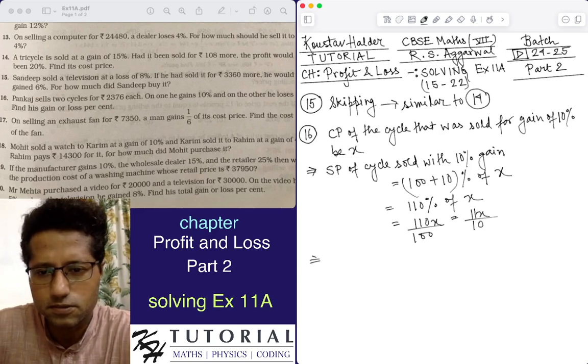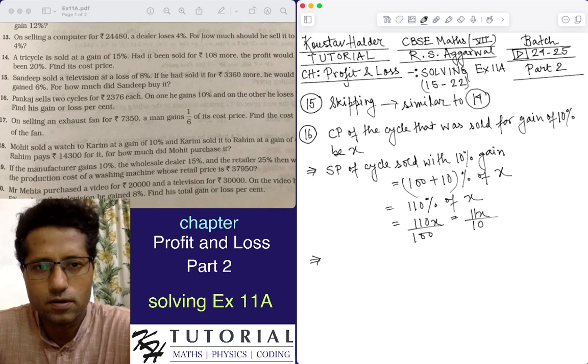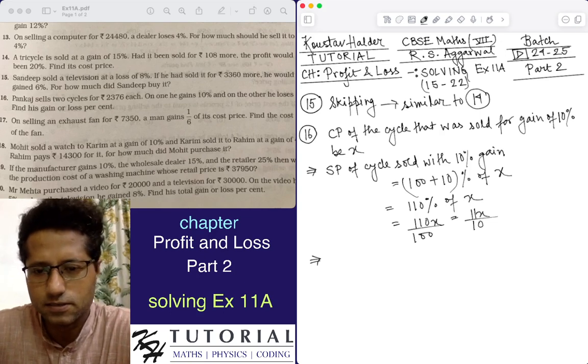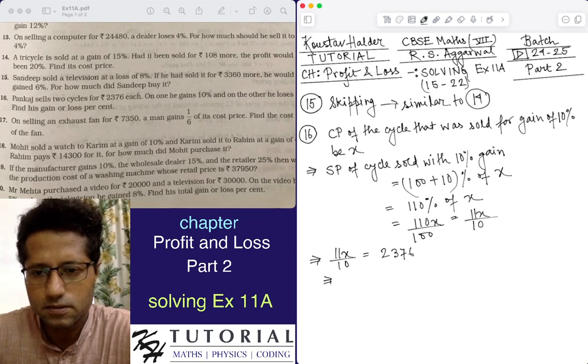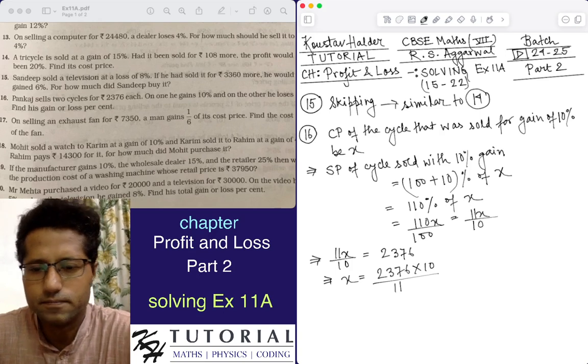Since both the cycles were sold for 2376, we can say that this 11X by 10 should be equal to 2376. This implies that X equals 2376 multiplied by 10 divided by 11.